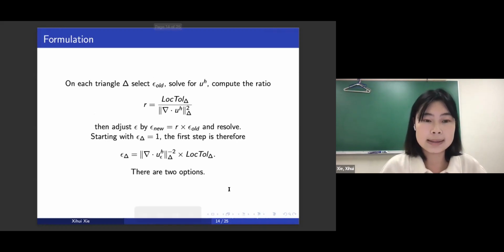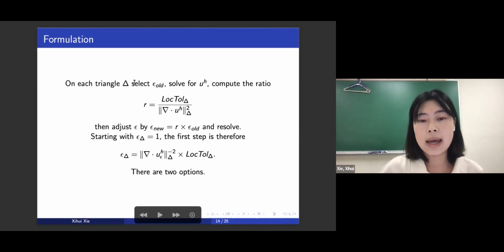This is how we do it. On each triangle, each element, we have our epsilon old value, and we solve for the velocity. We calculate the ratio as follows: it is equal to the local tau over the local div u norm. Then we adjust epsilon using epsilon new equal to r, the ratio, multiplied by epsilon old.